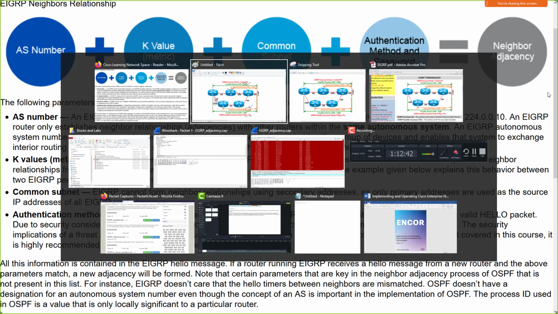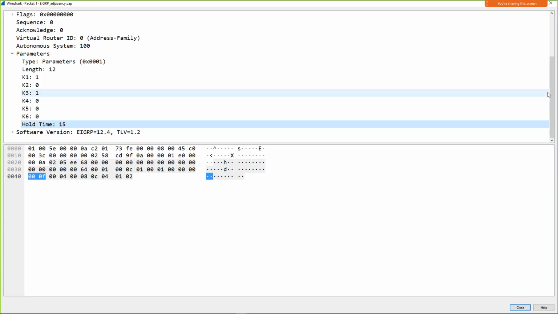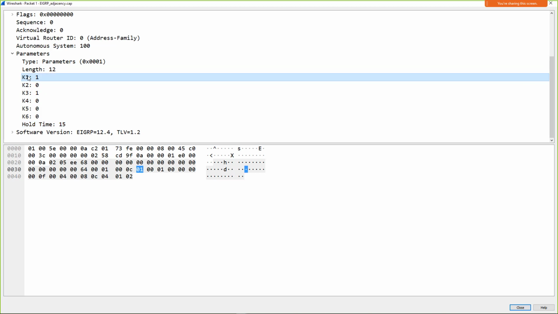You can always tell how large a field is by simply highlighting the field. So if I highlight K1, you see that in the hex dump it's 0, 1. Those are hexadecimal numbers, which means they're 4 bits each, which tells me that's an 8-bit field. Because I know that's an 8-bit field, I know the range of the values can be 0 to 255 from a decimal perspective.